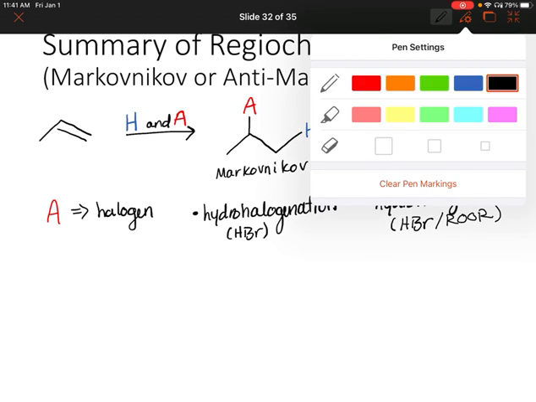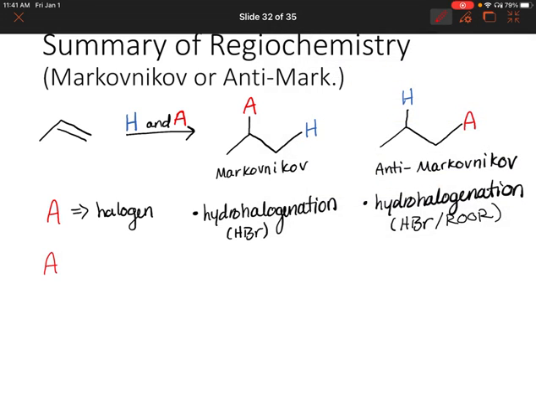Okay, so what if A is an alcohol? So it's an OH group. How do we add that across the double bond so that the OH group is on the more substituted carbon? What would that reaction be?